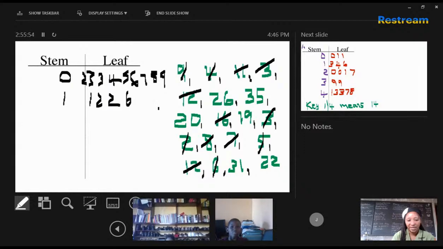Oh, and there's also 19. So remember, we're combining the leaves with the stem. For the digits in the 20s, we have 20, 22, and 26. So we'll put a 0 for the 20, a 2 for the 22, and a 6 for the 26.